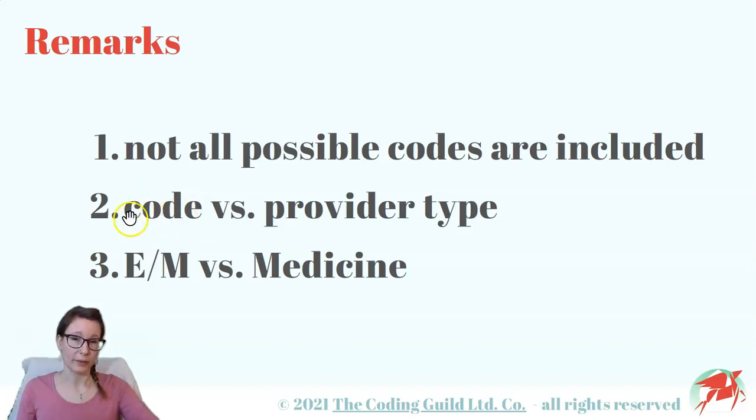Not all providers are allowed to bill for all of these codes listed in the appendix. Some will be open to physicians only, while others can be billed by mid-level providers as well. And number 3, some of the codes in this table are classified as evaluation and management services, but others are from the medicine section. This distinction can cause huge differences in billing, so definitely keep an eye out for this.